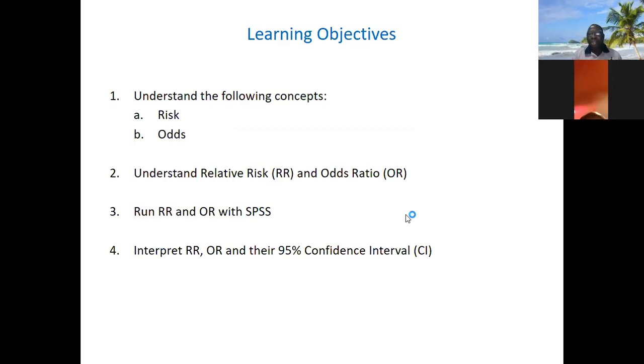Before we talk about the relative risk and odds ratio, we ought to understand the meaning of risk and odds. We have also done this in the workshop, when we were treating comparison of proportions and discussed chi-square.